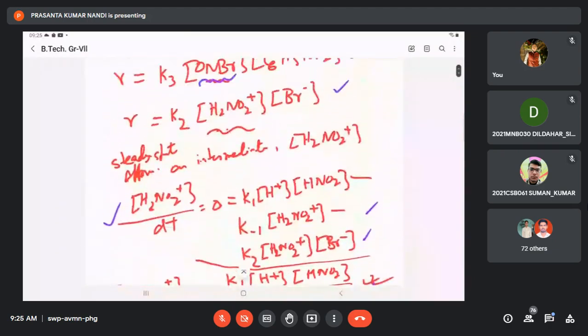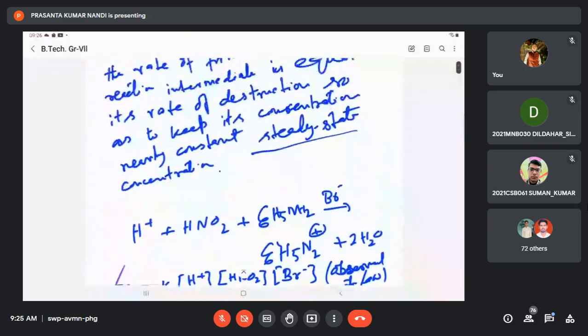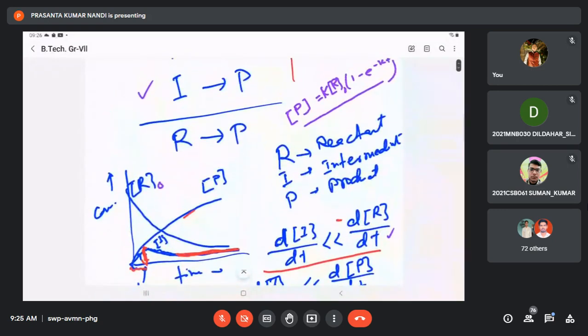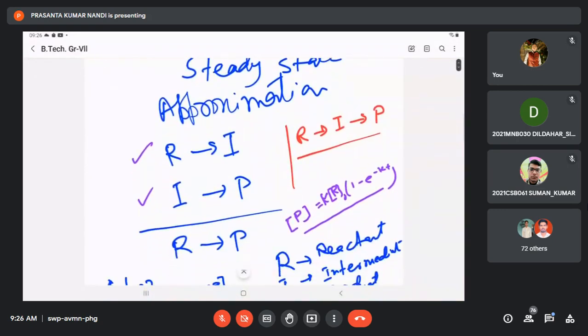So first we'll discuss what the steady state approximation is, when we apply it, and how to predict the reaction mechanism based on this general approximation. Say we consider a reaction which proceeds in two consecutive steps. Reactant R goes to an intermediate species I, then intermediate species I reacts to produce the product T. So this is a two-step reaction.